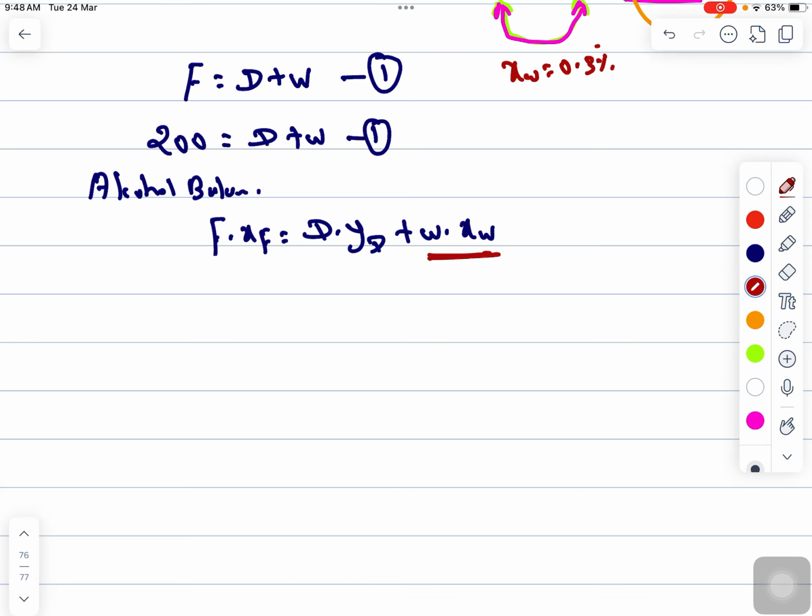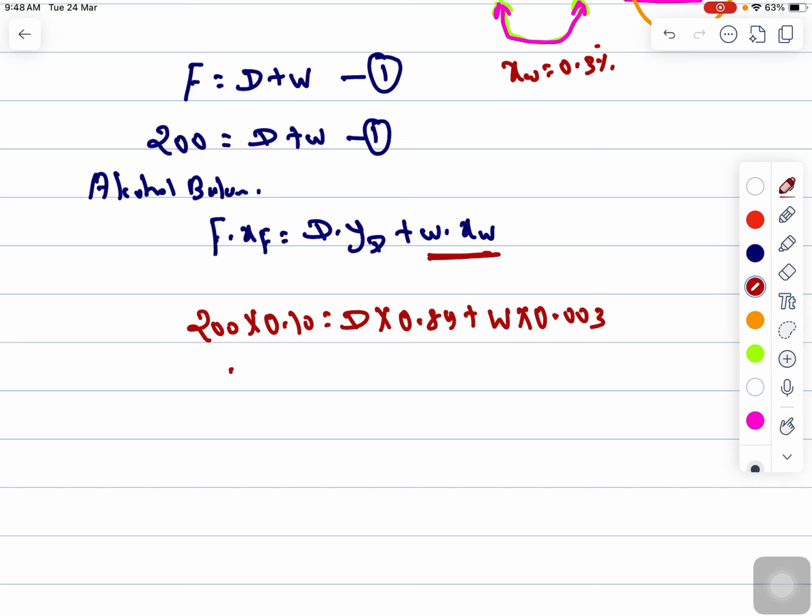So we can use this formula. We have 200 multiplied by 0.10, D is not given and yd is 0.89, plus again w is not given and xw is 0.003. Is that clear? Once we calculate this, you will get 20 equals 0.89 d plus 0.003 w.